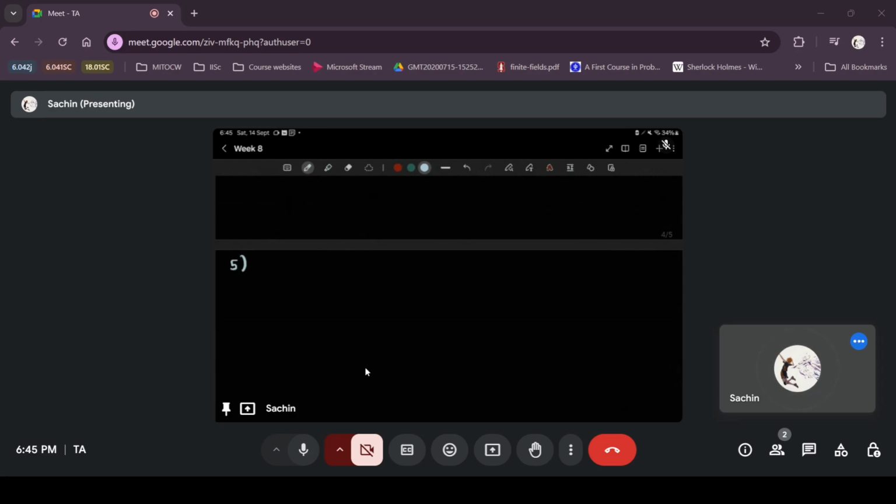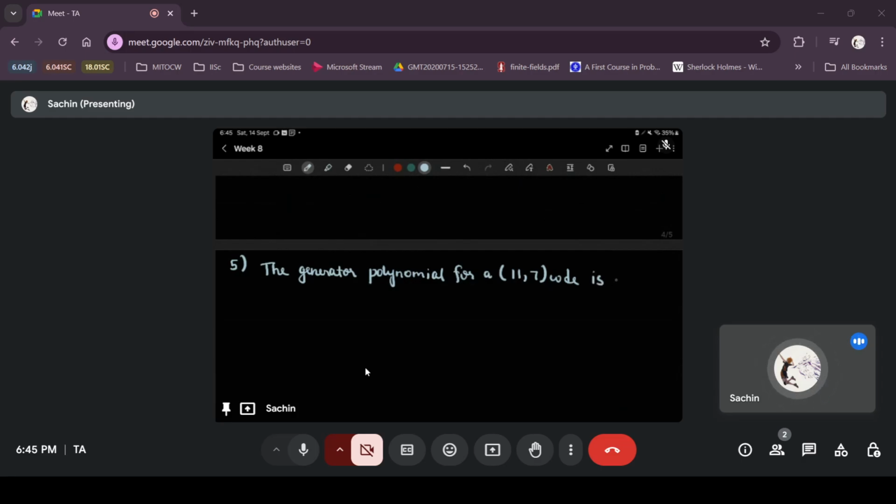Question 5. Now we have moved on to ARQ, automatic repeat requests. The generator polynomial for a 11.7 code. By 11.7 code here, you know the context. It's from week 8, so it's a CRC code.